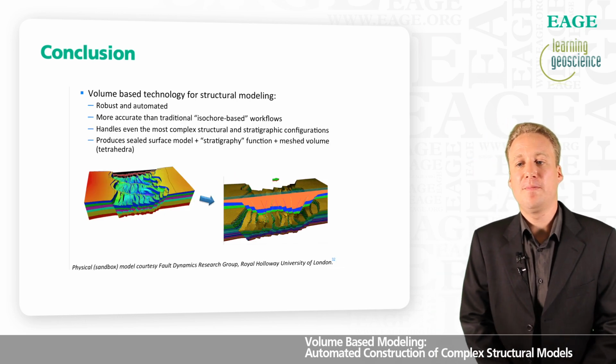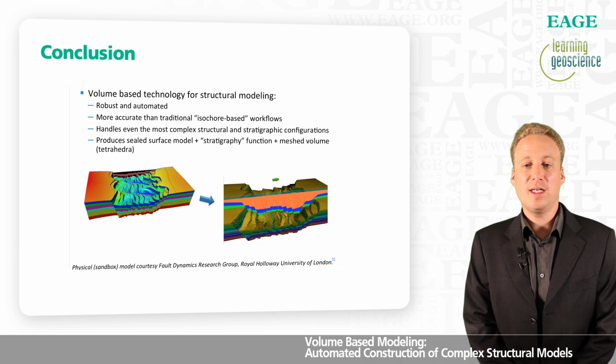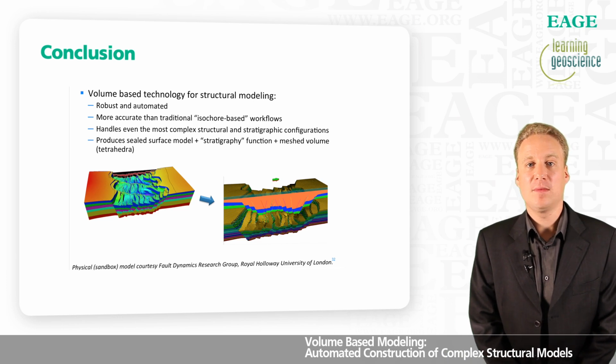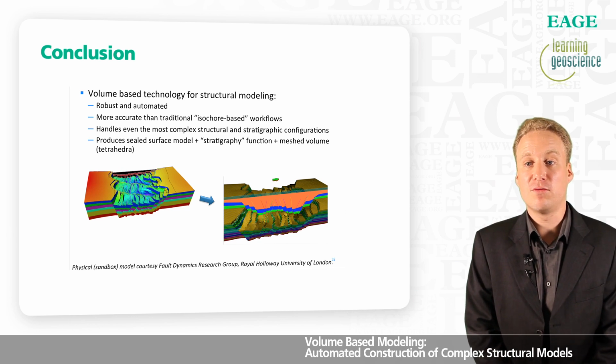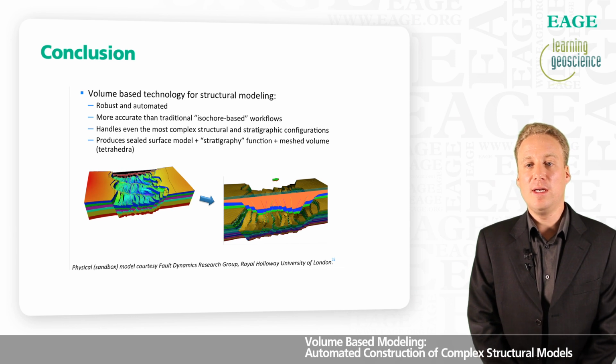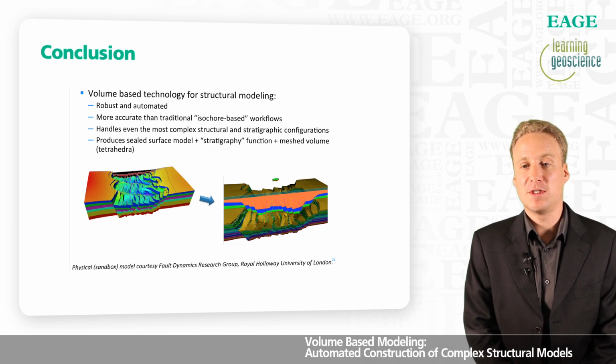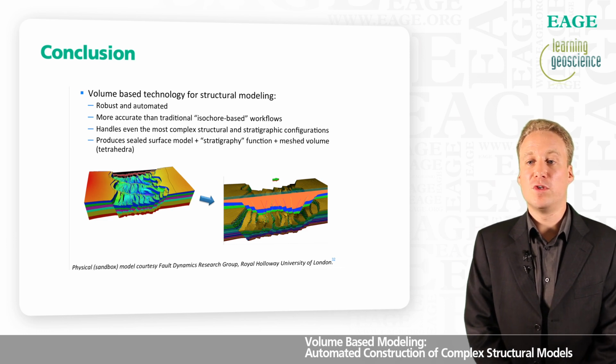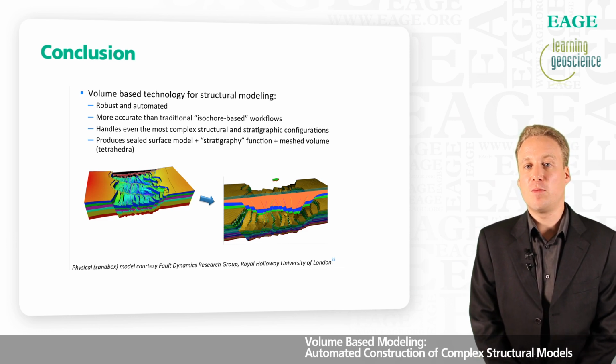So in conclusion, the technique that I presented is very robust. It allows creating models in any kind of geological environment. It supports any kind of faults and fault topology, and any kind of stratigraphic relationships. It's automated, starting from fault surfaces and horizon interpretation as points.